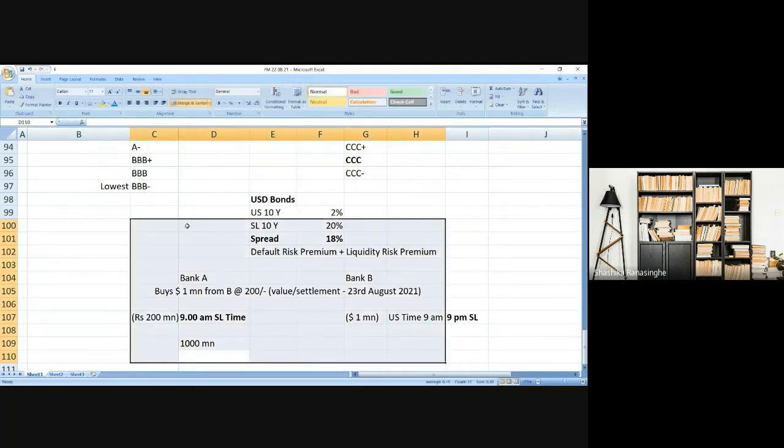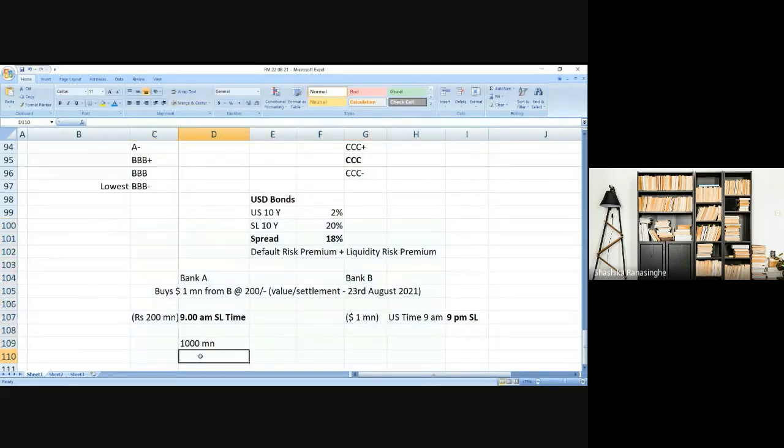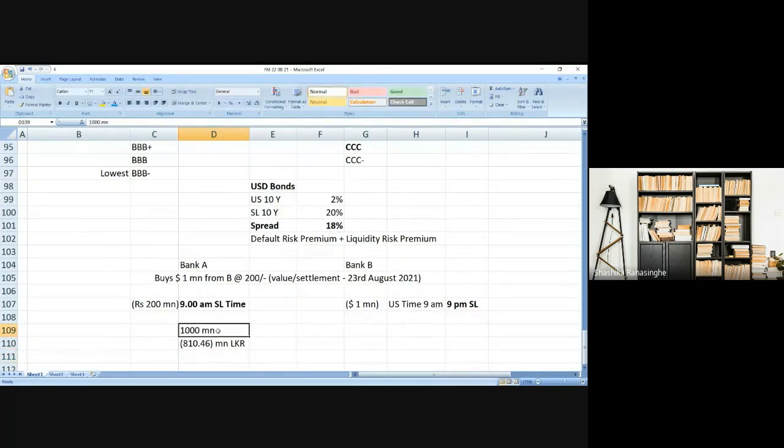Let's assume that the bond we did earlier is the transaction 810.46.